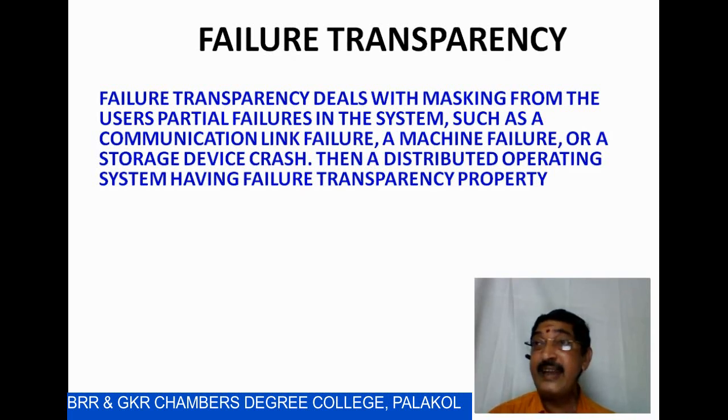These details must not affect the user's work. So, failure transparency deals with masking from the user the partial failures in the system, such as a communication link failure, a machine failure, or a storage device crash.